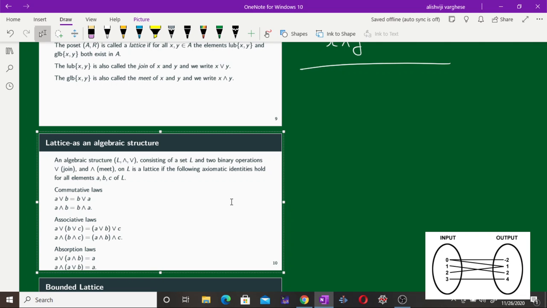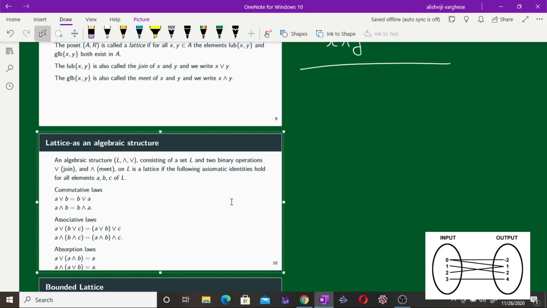We have a non-empty set L and two operations, join and meet, defined on it. Then it's called a lattice if it has the following properties. That is the commutative property: A or B is equal to B or A.